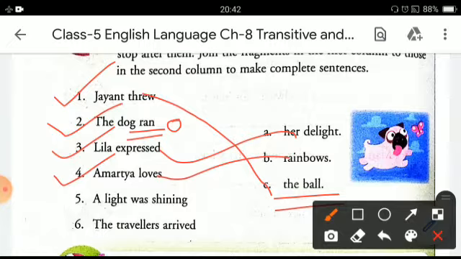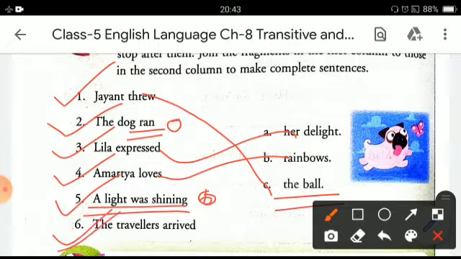It's a transitive sentence. Fifth one is the light was shining. The sentence is having a complete sense in itself. We need to put a full stop. It's an intransitive verb having no object and the sentence is ending with the verb, that is shining. And the last one, sixth one, is the travelers arrived.